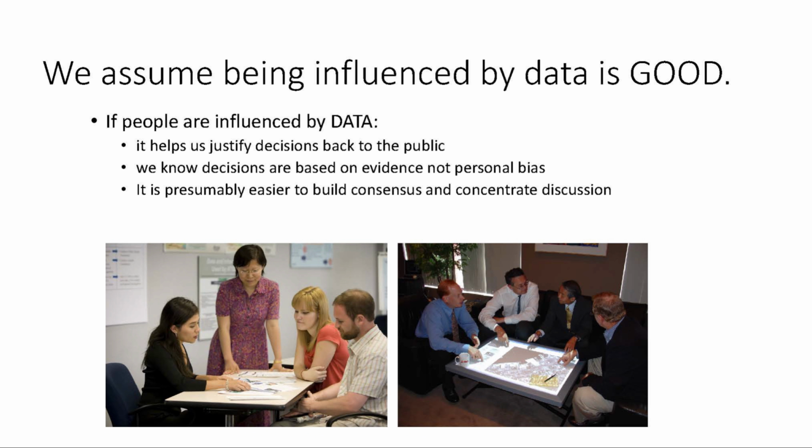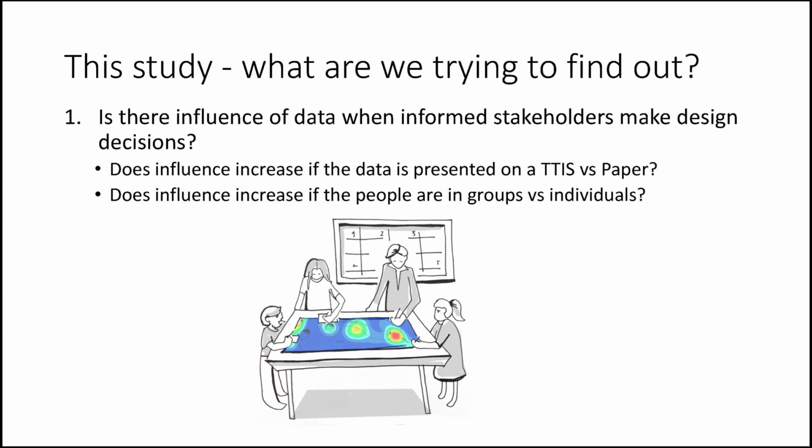We know decisions are based on evidence, not personal bias, and it's presumably easier to build consensus and concentrated discussion. So our research question is: is there influence of data when informed stakeholders make design decisions? Does influence increase if the data is presented on a tabletop interactive surface versus paper? And does influence increase if the people are in groups versus individuals?